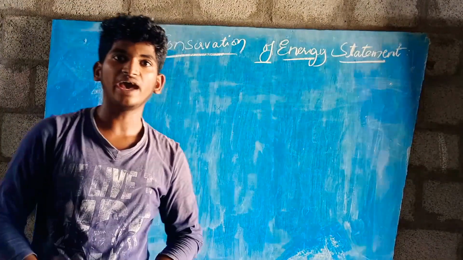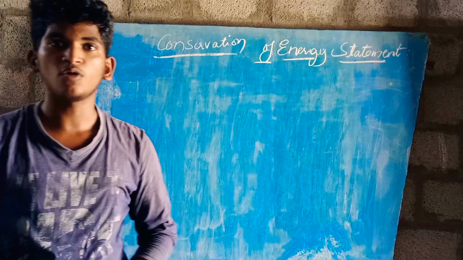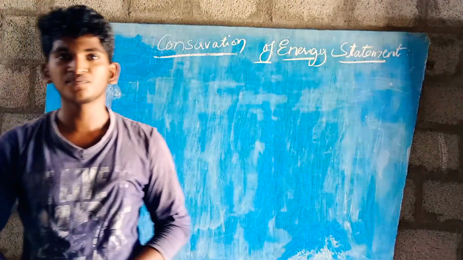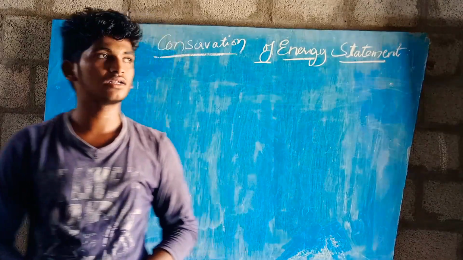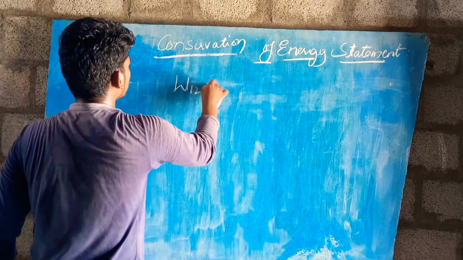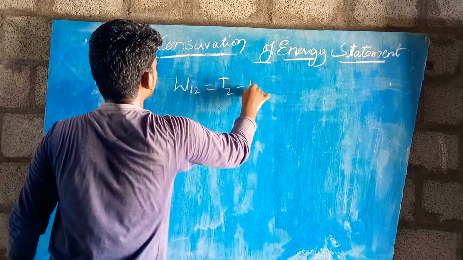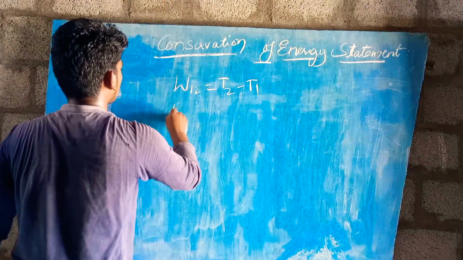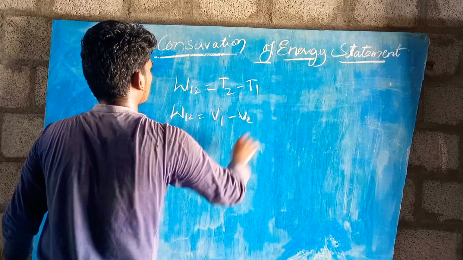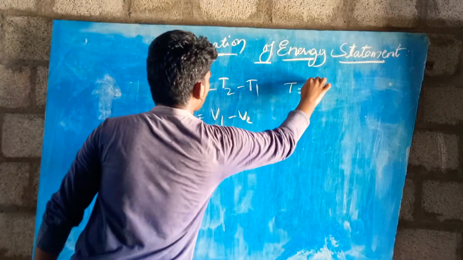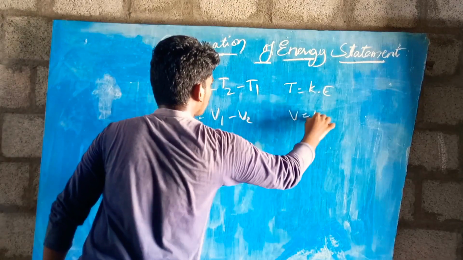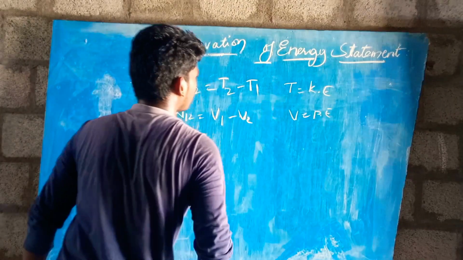This states that the total energy E of an isolated particle, which means in a conservative field, is always constant. As we know, W12 is equal to T2 minus T1 and W12 is equal to V1 minus V2. Here T is the kinetic energy and V is the potential energy.